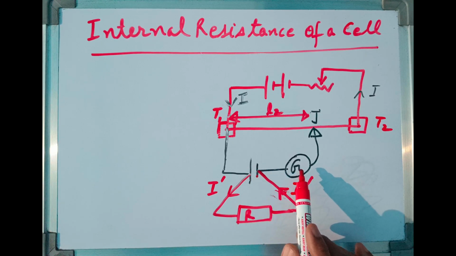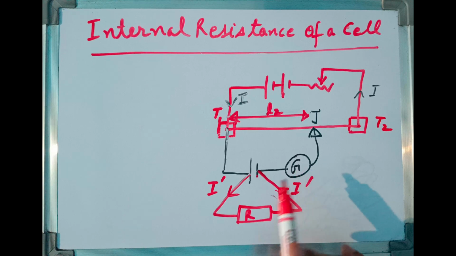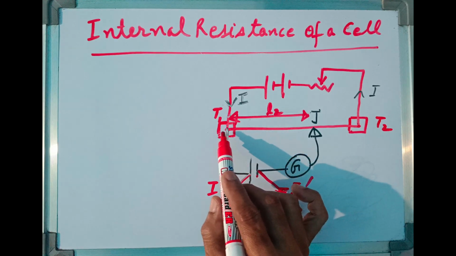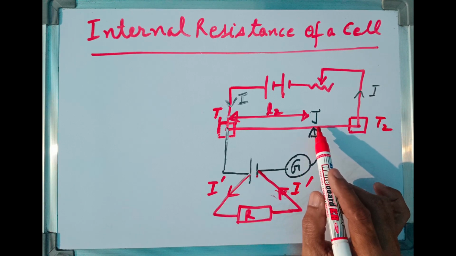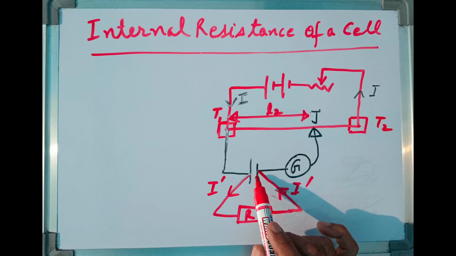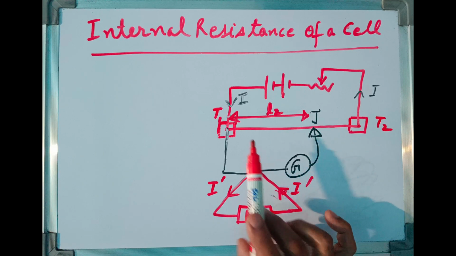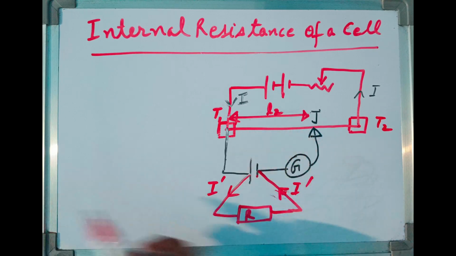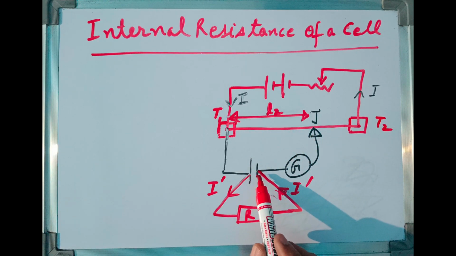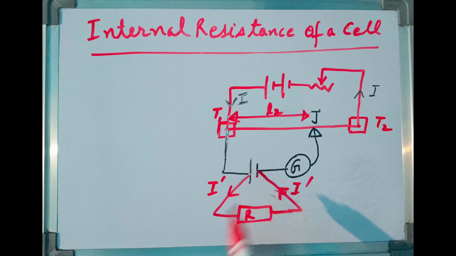Again, because the galvanometer is showing zero deflection, it means the potential of T1 becomes equal to the potential of the positive terminal, and the potential of the jockey becomes the potential of the negative terminal of the cell. So the difference of the two potentials between T1 and J will be equal to the difference of the potentials of positive and negative of the cell.